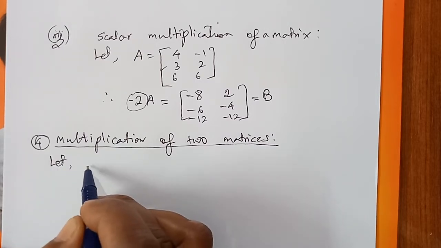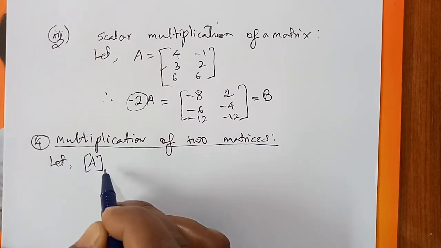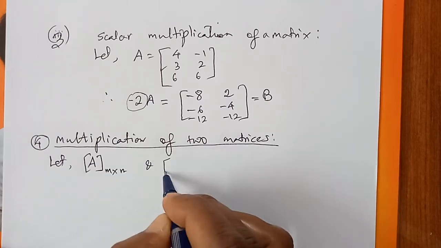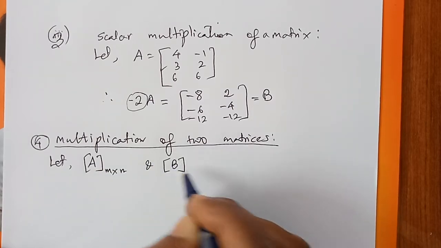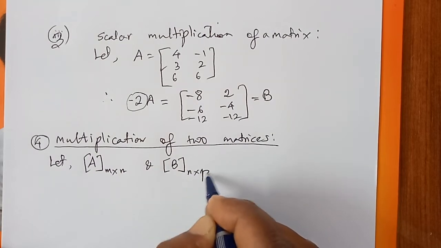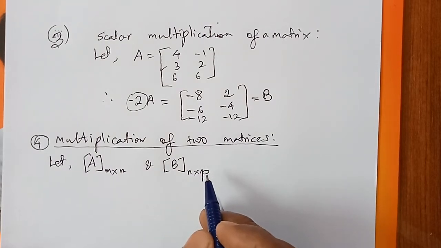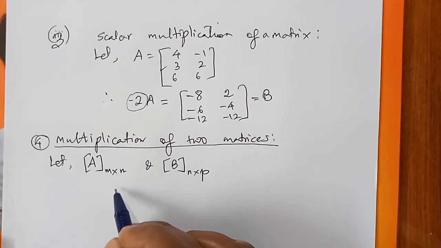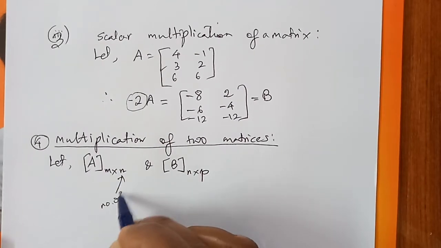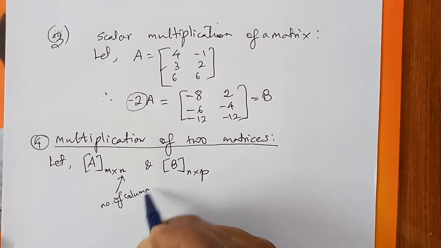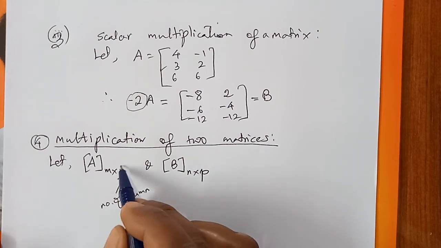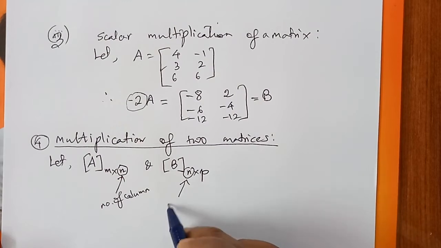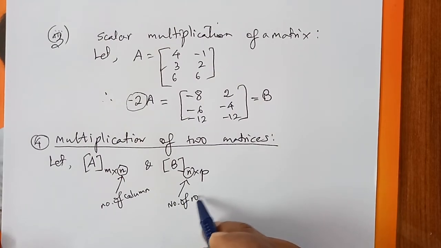Let A be a matrix of order m by n, and B a matrix of order n by p. So what we have noticed here: in the first matrix, the number of columns, and in the second matrix, the number of rows.